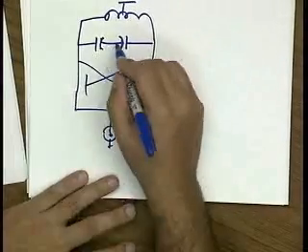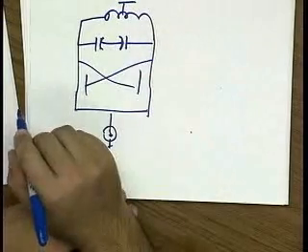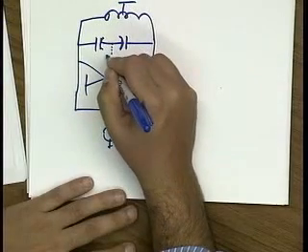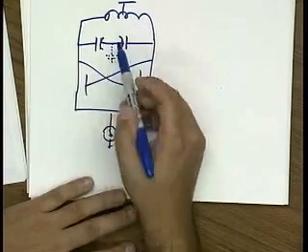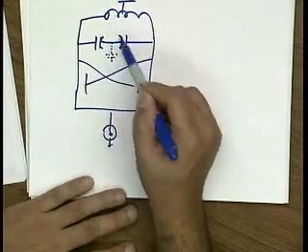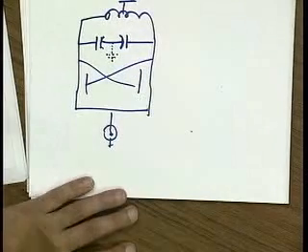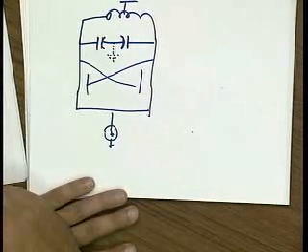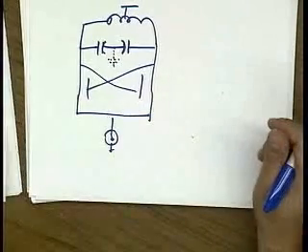And now, because this is a fully balanced circuit, this bottom plate is a virtual ground. In other words, AC-wise, this node doesn't move, and therefore any parasitics at this node are negligible. So that's really nice. Okay.